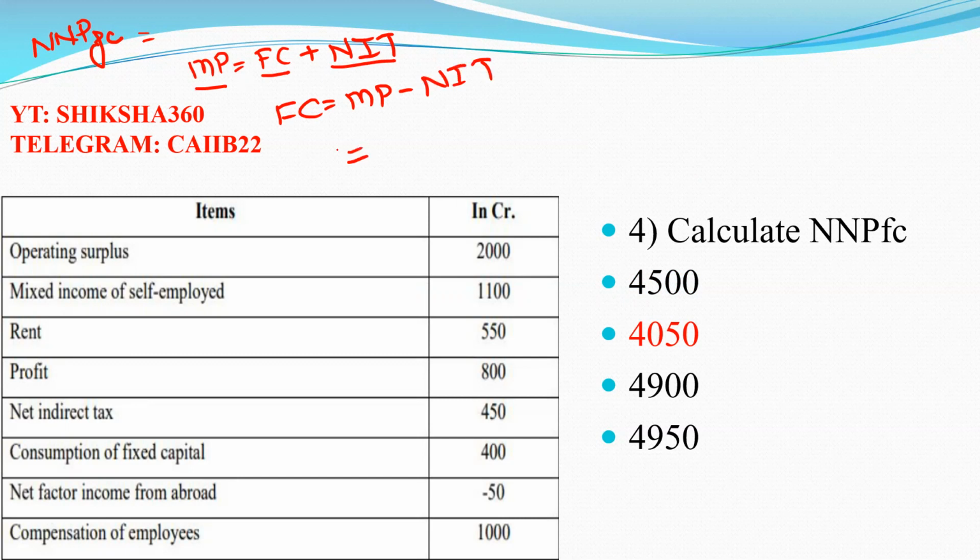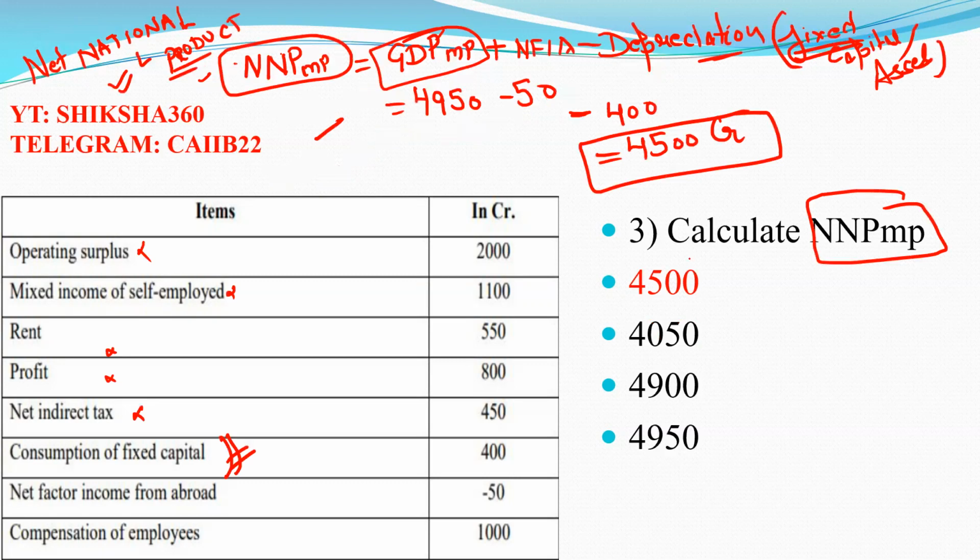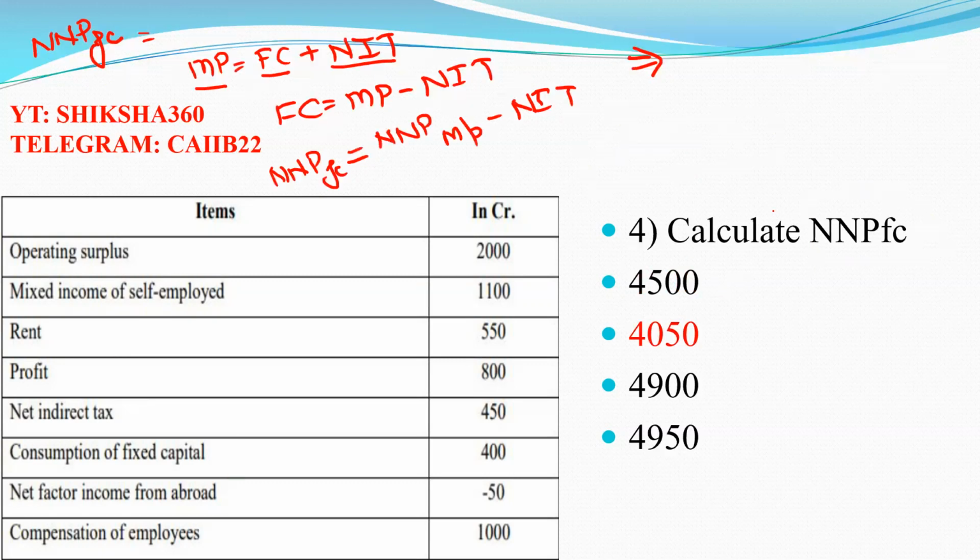So what is the market price here? NNP at factor cost is equal to NNP at market price minus NIT. We have already been given NNP at market price. This is 4,500 crore. So write it here, 4,500 crore.